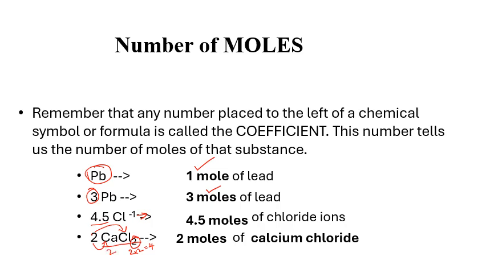So we can say that 2 moles of calcium chloride, and we can also say that 2 moles of calcium ions and 4 moles of chloride ions, because it's a compound. That's how we will decide how many moles there are if we have an element symbol written or a compound written.